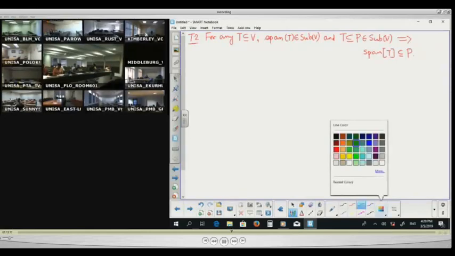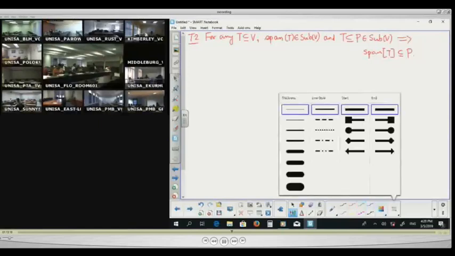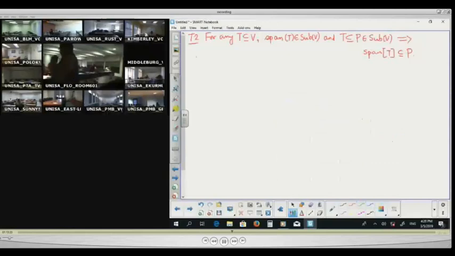By definition already, remember what was the definition of span of T? Something is in span of T if and only if either it is the zero vector or it is a finite linear combination, right? So I force 0 to be a finite linear combination, namely the empty one.